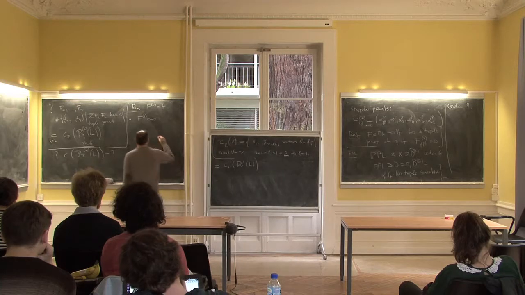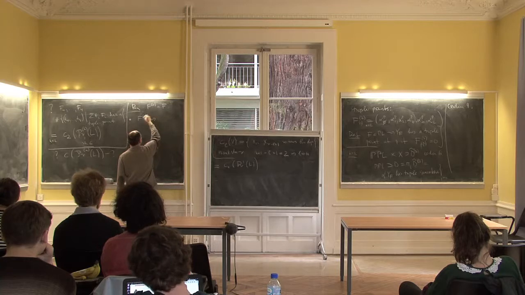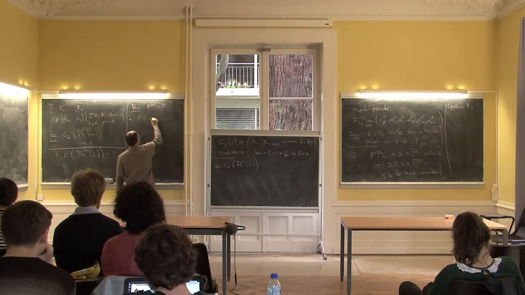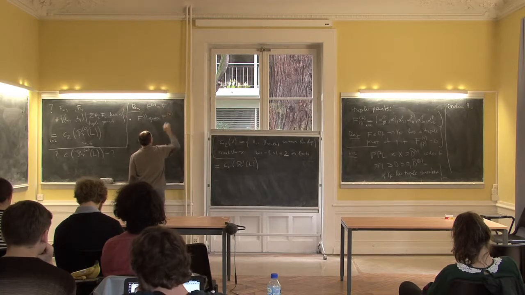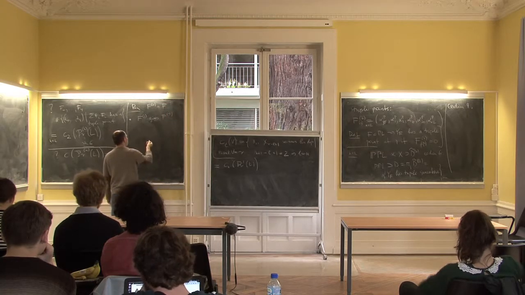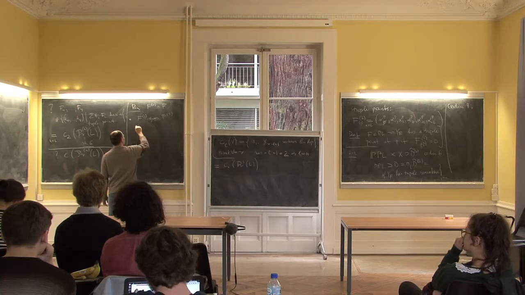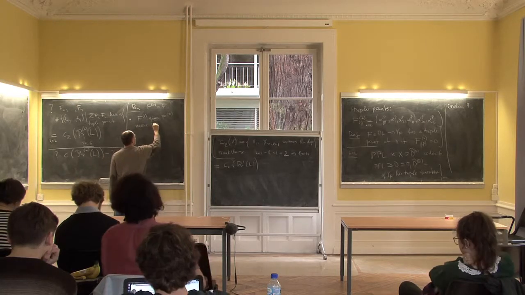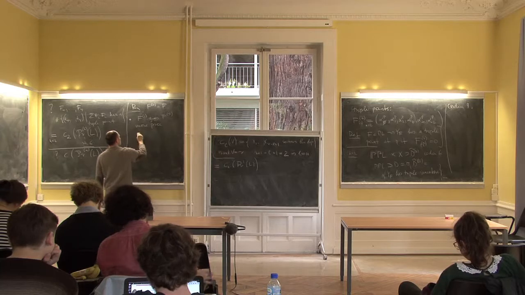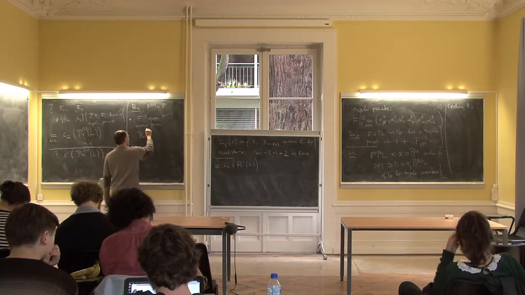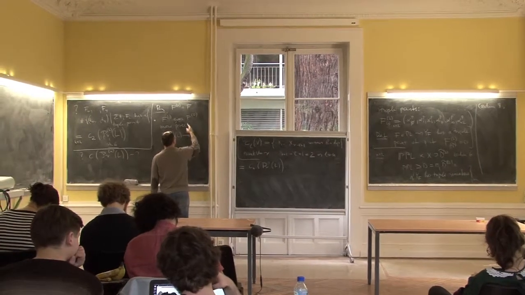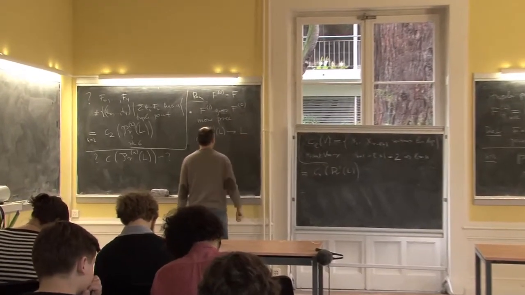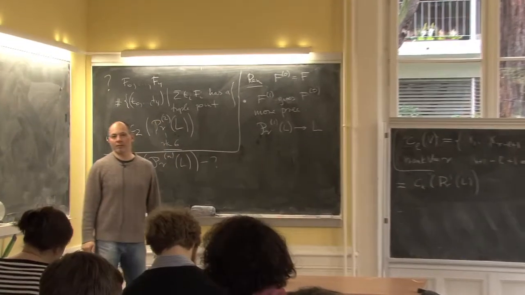So F_1 sort of gives F_0. What I mean by this is, more precisely, I have a map from the first principal part into just the zeroth principal part, which is just L. So there's definitely a map like this.